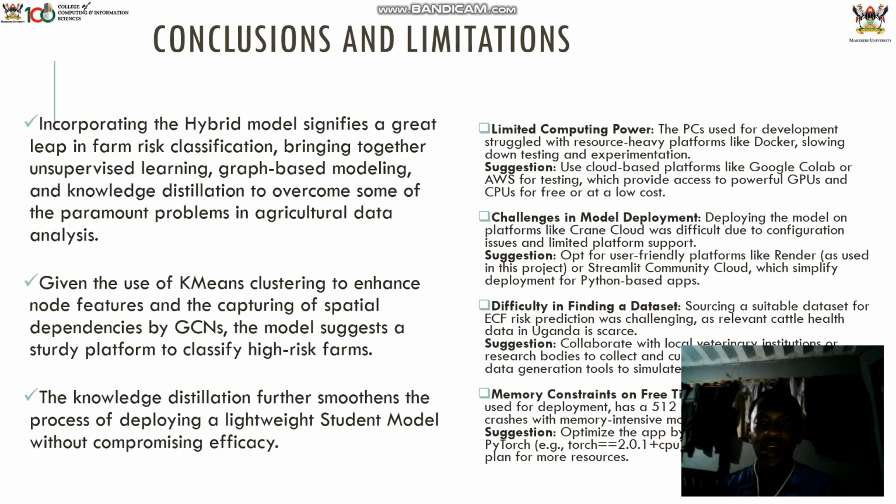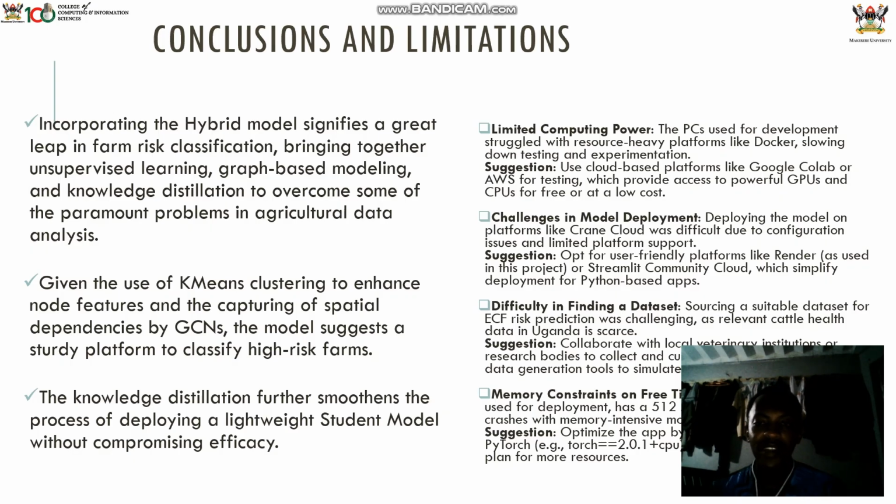and the potential solution to that is using cloud-based platforms like Google Colab or Amazon AWS. Another challenge is model deployment, whereby one of the cloud providers had limited computational resources, and we opted to use other platforms like Render.